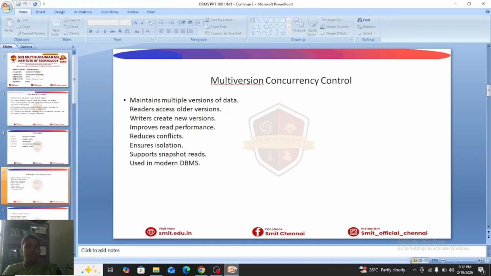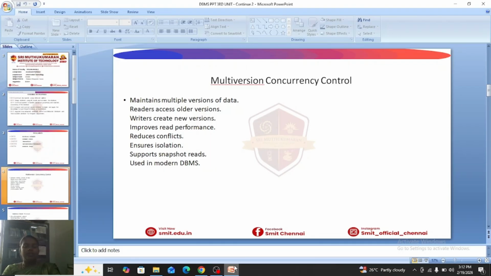It improves read performance, reduces conflicts, ensures isolation, and supports snapshot reads used in modern DBMS. Nothing but, instead of blocking transactions, multi-version concurrency control allows readers to access the old version and writers to create a new version. This improves concurrency, consistency and performance in a database management system.